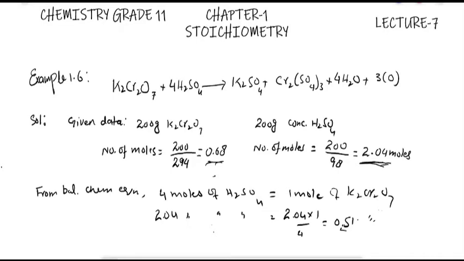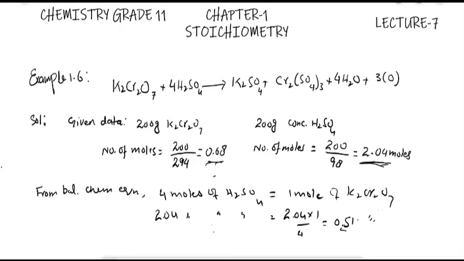So potassium dichromate is the reactant that is present in excess. We need 0.51 moles, but we have 0.68 moles. So this again proves that potassium dichromate is the excess reactant, or in other words, sulfuric acid is the limiting reactant in this case.